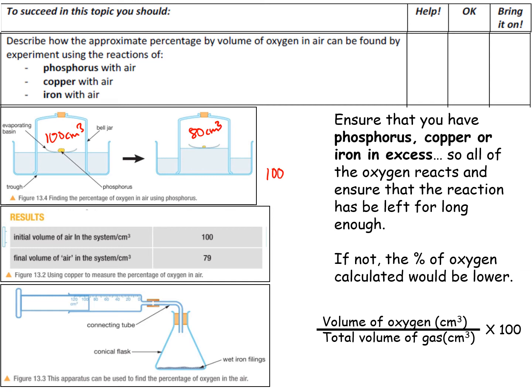You can do 100, which is the total volume of gas in the system, and then you have to do 100 minus 80, which is equal to 20. And so 20 over 100, then times that by 100 to make it a percentage, and you'll get around 20%. Okay, so there's 20% of oxygen in here.